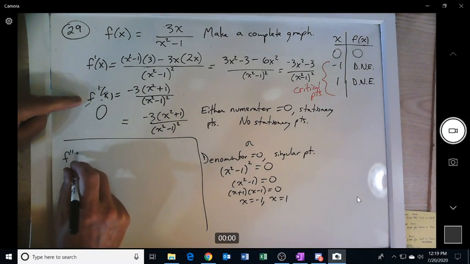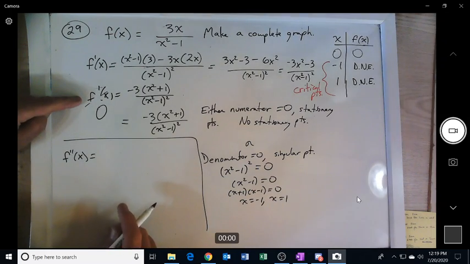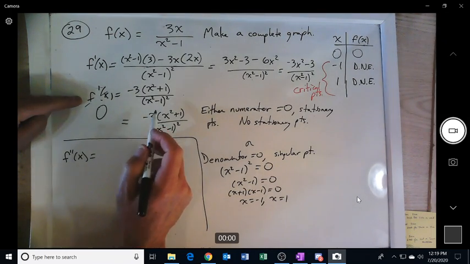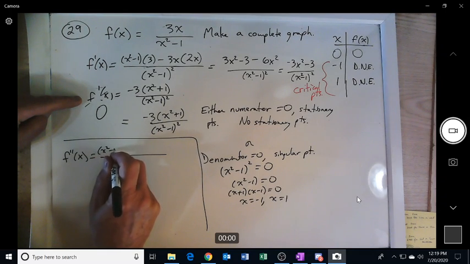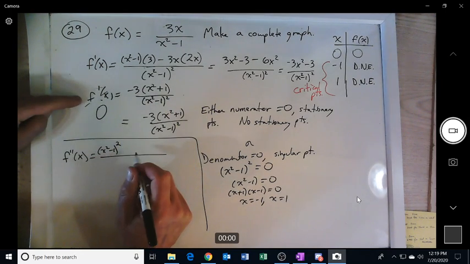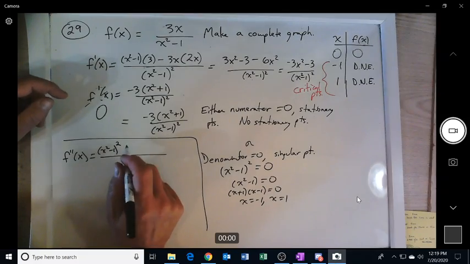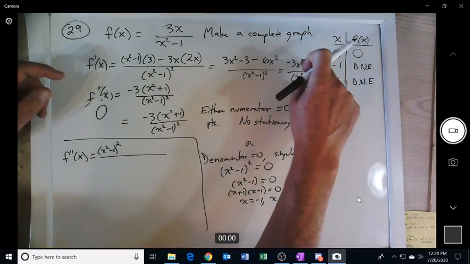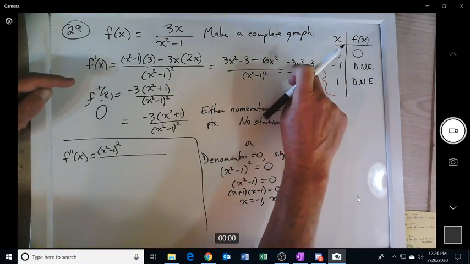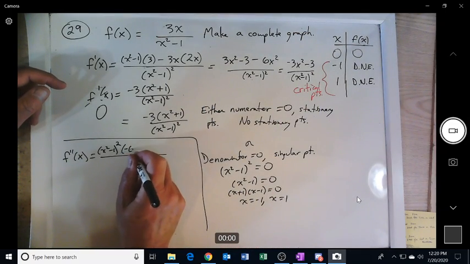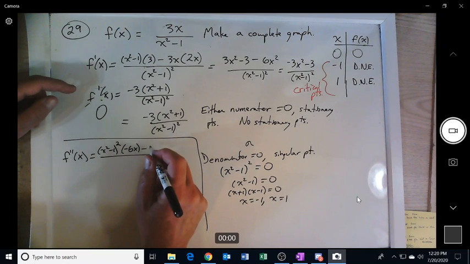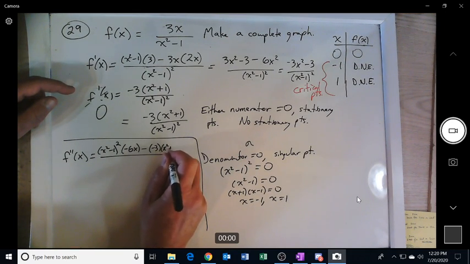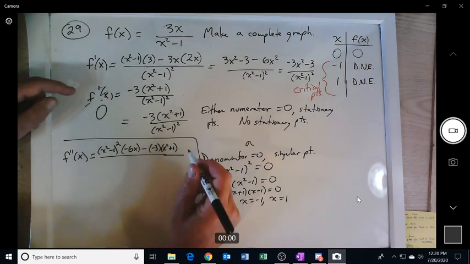So f double prime of x would be bottom times the derivative of the top, and the top you can just think of as this if you distributed that out, and its derivative is negative 6x, minus the top times the derivative of the bottom.